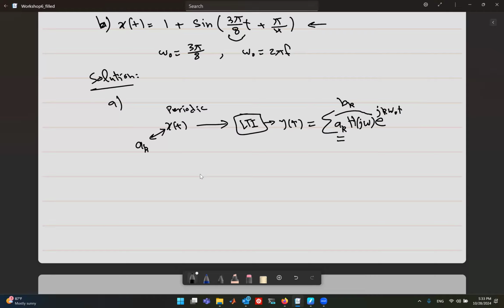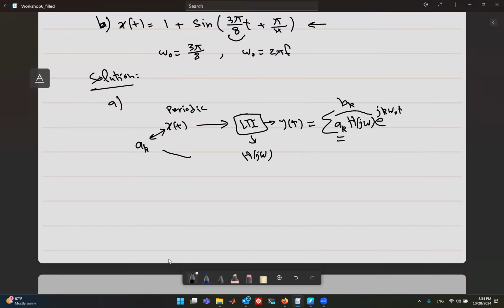So as I said before, in the time domain, with this ht, we used to do a convolution between the input and the impulse response to get yt. In the frequency domain, we have ak, which represents xt, and we have the frequency response.